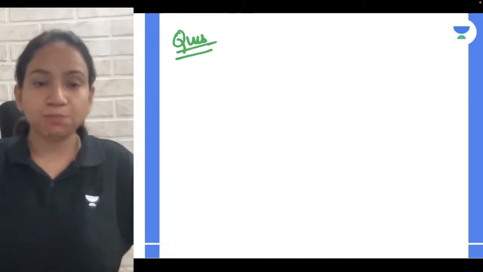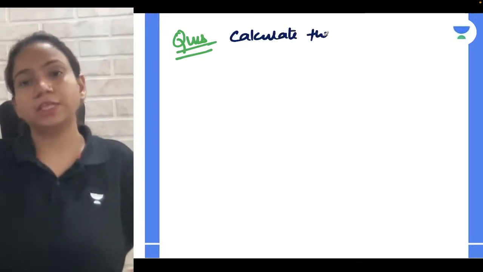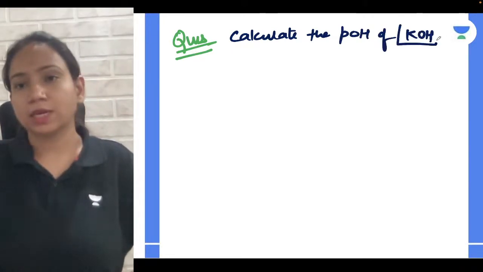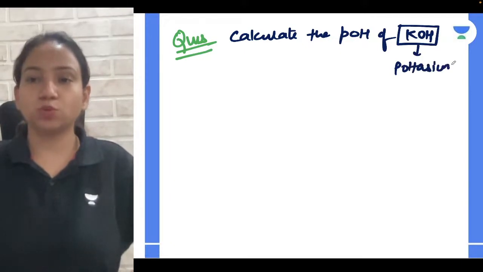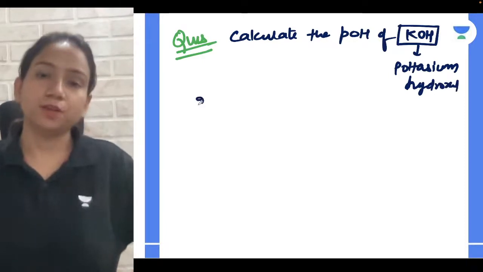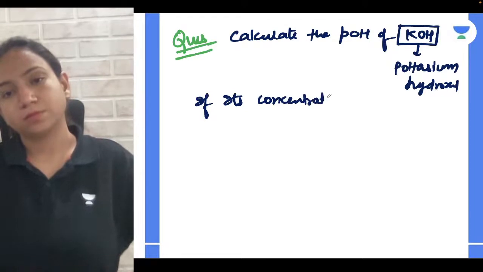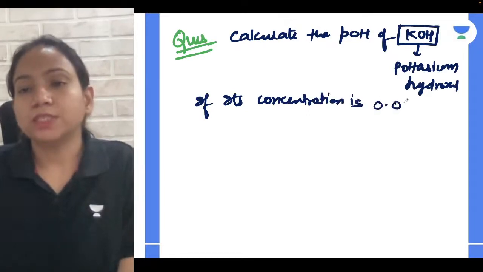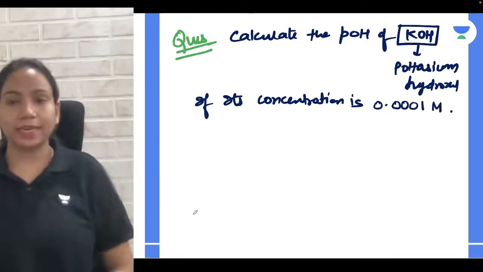Calculate the pOH of KOH, which is potassium hydroxide. I hope you guys know, it's just like a brother of sodium hydroxide. If its concentration is 0.0001 molar, like that they have given.